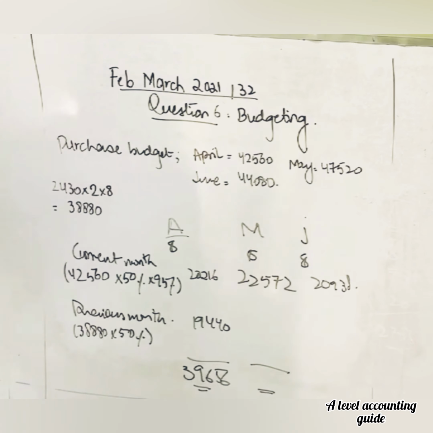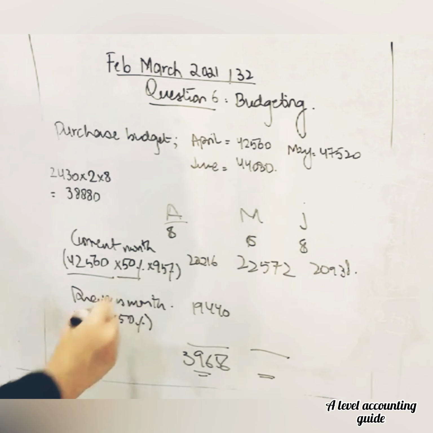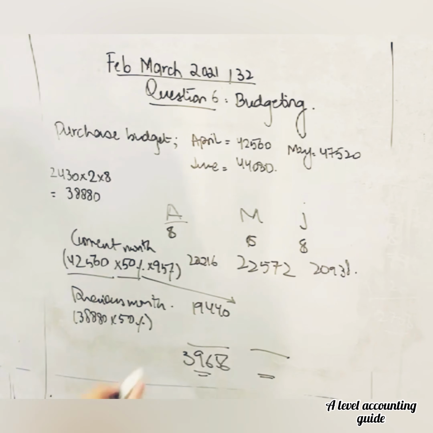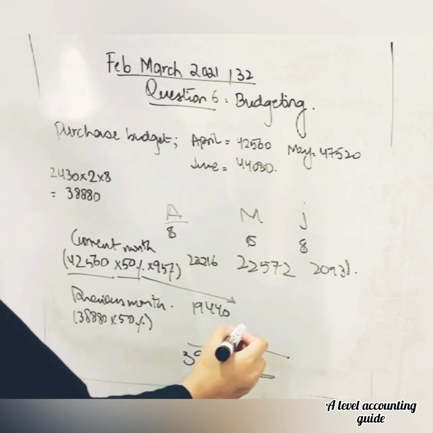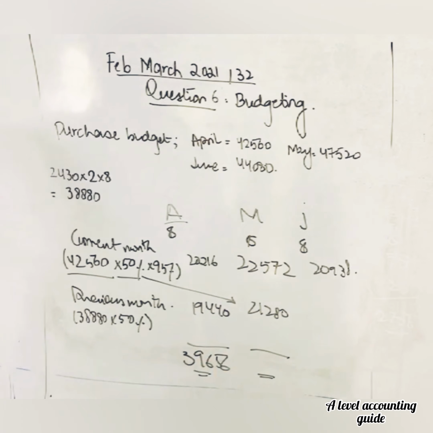Now for May, the previous month calculation means that you're supposed to take 50% of the previous month amount. So 42560, 50% will be paid in this month. Hence it will be 21280, and you can total it as 43850.